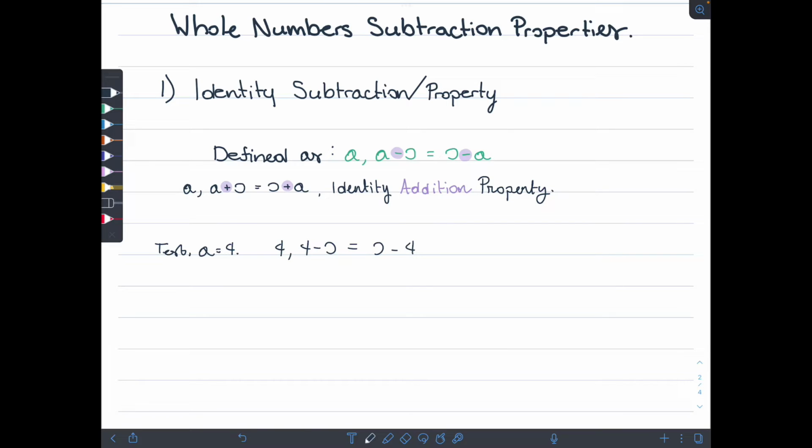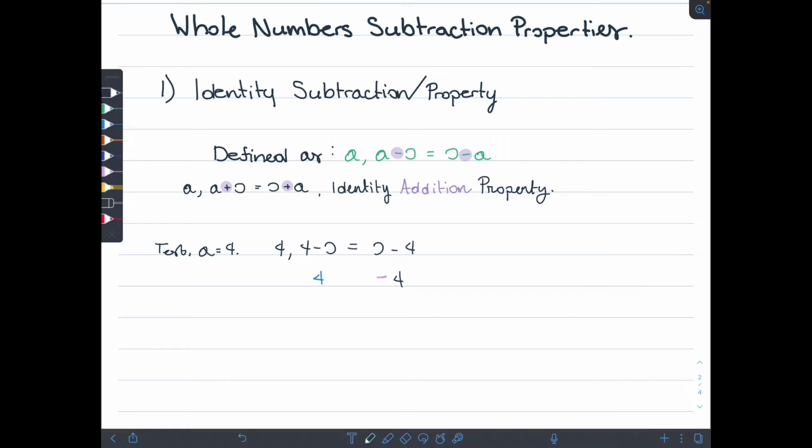Well, 4 minus 0 is just 4. 0 minus 4 is just negative 4. You can say, why is it negative?